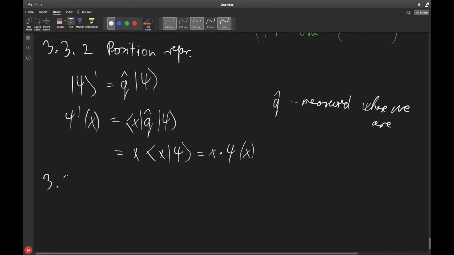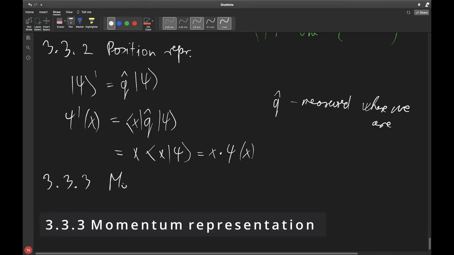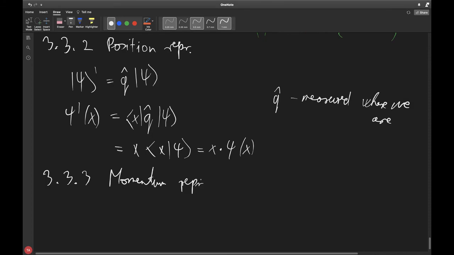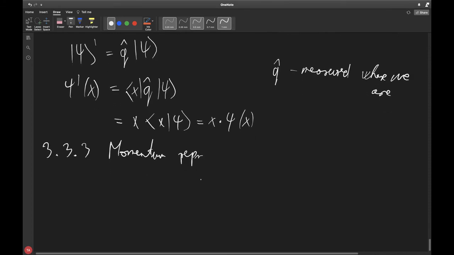This might seem like something very trivial. So let's move on with something which is less trivial, and that's going to be the momentum representation. Earlier we said that when we had the change in the A operator, that was multiplying U dagger with A and U together, right?